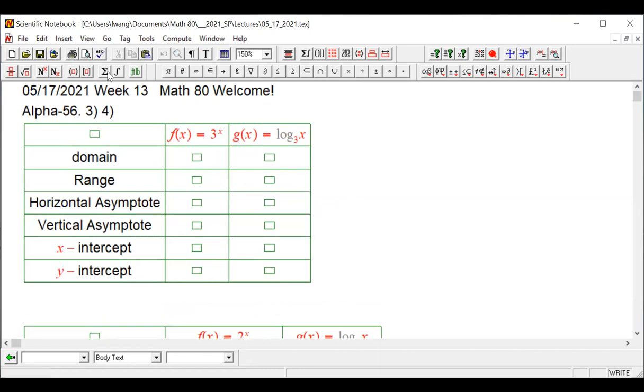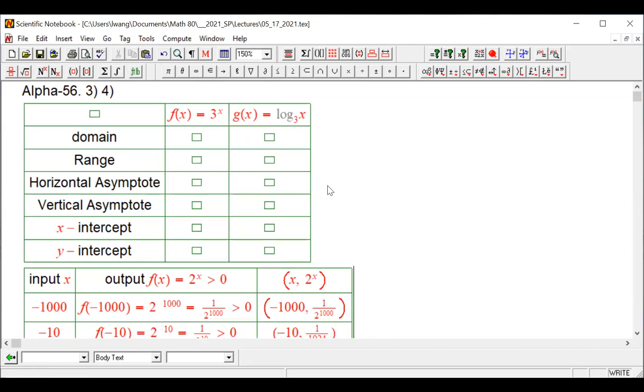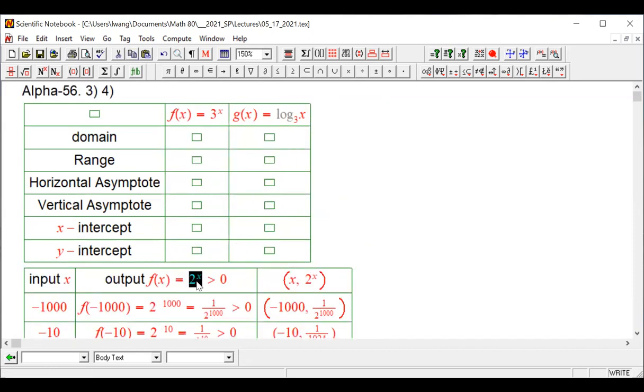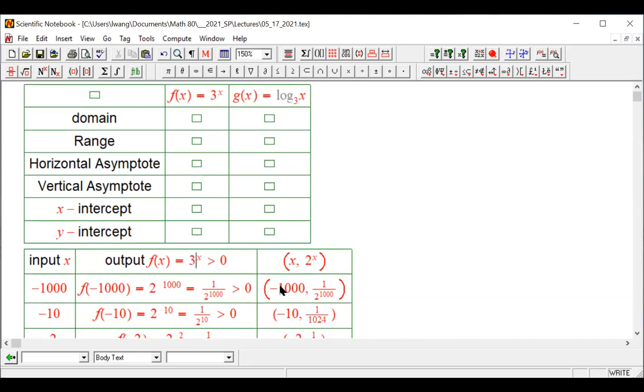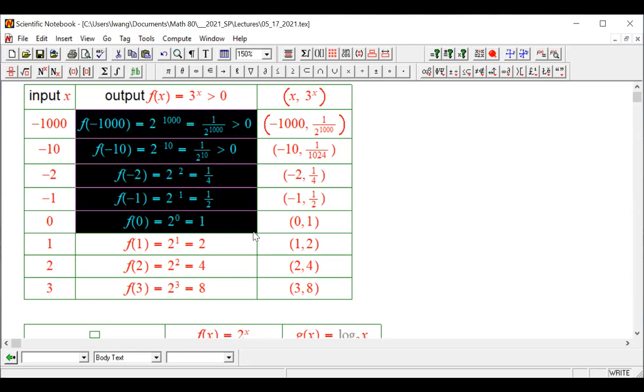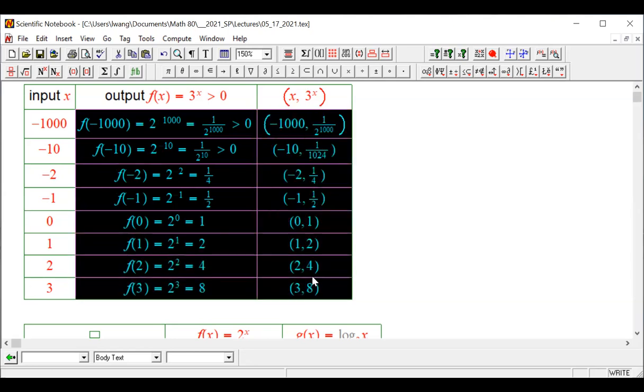The first table, of course, now is going to be 3 to the power x. Everything has to be redone.